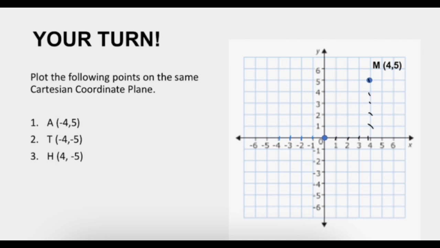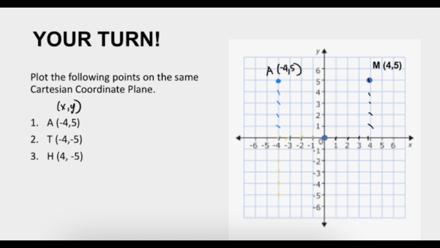And then you move up 5 times because y is positive. So 1, 2, 3, 4, 5. So there's the point here. This is point A. For point T, it's located at negative 4, negative 5. So from the origin, we go 4 units to the left, 1, 2, 3, 4. Then 5 units down, 1, 2, 3, 4, 5.